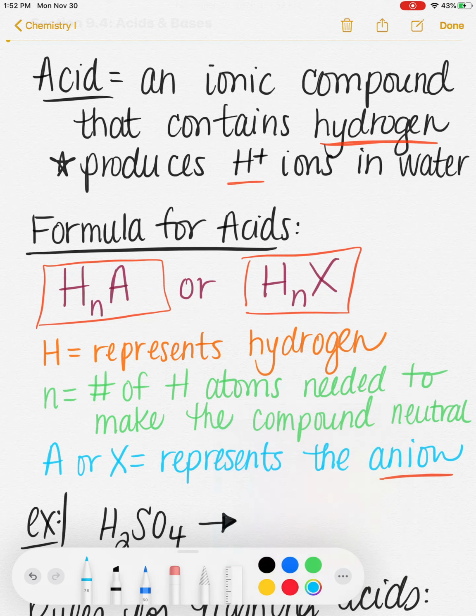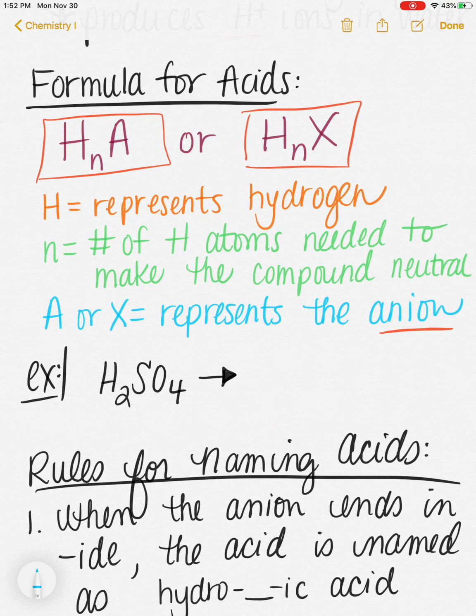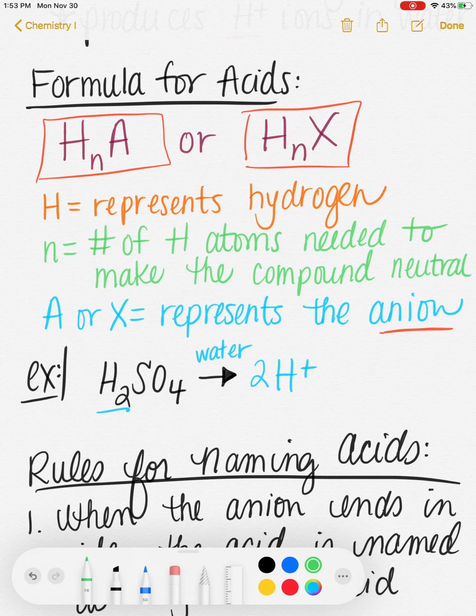Okay, so let's take a look at H2SO4. This is clearly an acid since it begins with hydrogen. If you were to put H2SO4 in water, it would break apart into H+ ions, but we have a subscript of 2, so there would actually be 2 H+ ions.